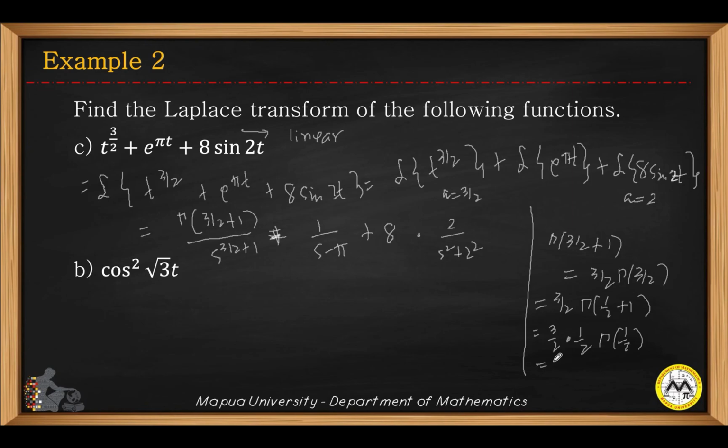So this is 3/4 square root of pi, which is your gamma of 1 half. Therefore here we have 3 over 4 square root of pi times 1 over s raised to 5 halves, plus 1 over s minus pi, plus 16 over s squared plus 4.